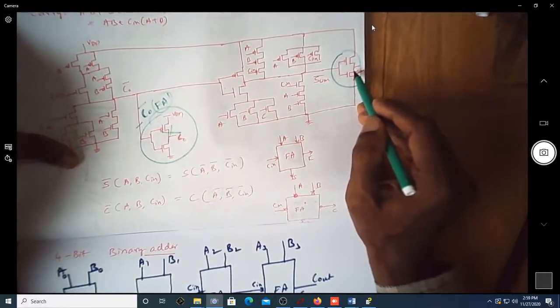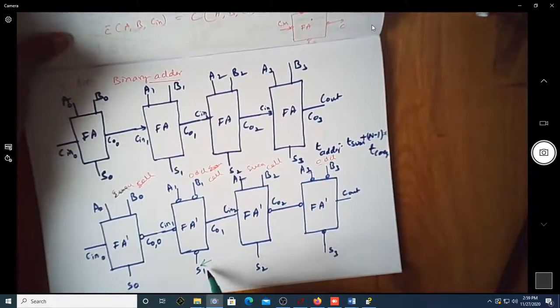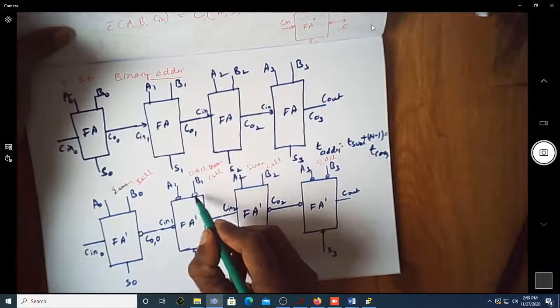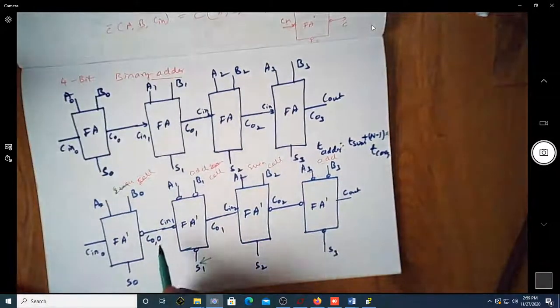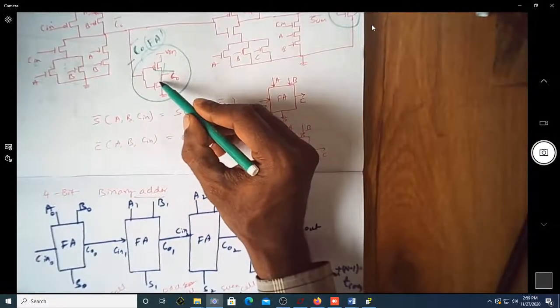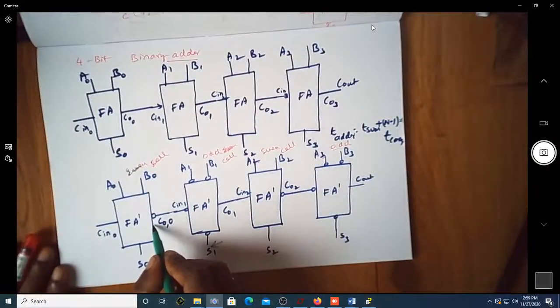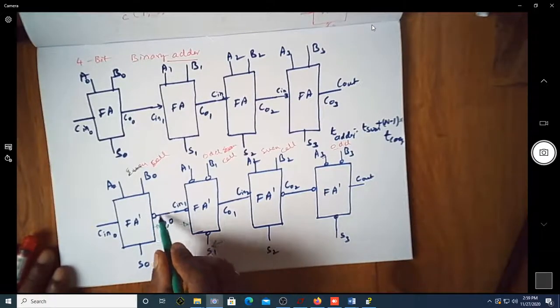When I remove this inverter in the sum path, is it not exactly this S1 you're getting? Because you have complemented the inputs A and B, you have complemented this also. You can carefully observe here, you're not supposed to use an inverter, and in order to get a carry, you put an inverter, and then you put one more inverter to invert it. So there is no point in putting two inverters.